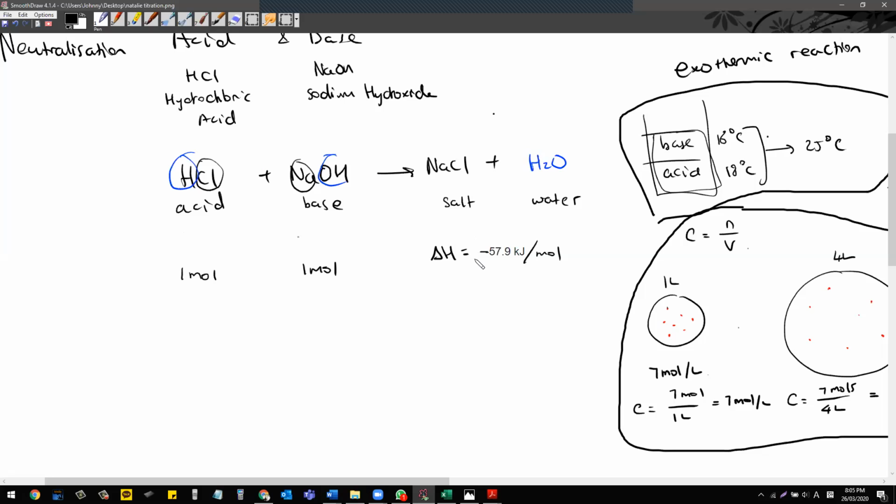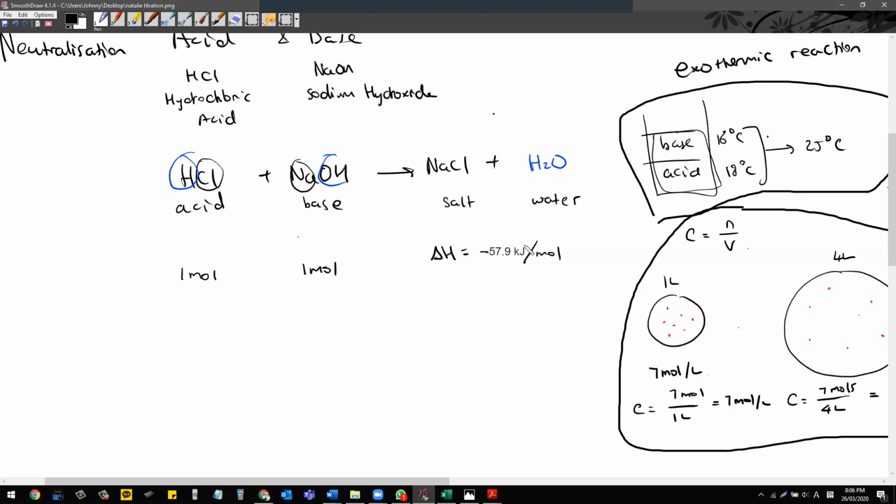Would that be that times 2 because there are 2 moles, or would it be just that much? Well, if there are 2 moles, should it be times 2? When it says per mole, it's actually just 1 mole of this one, or 1 mole of this one.